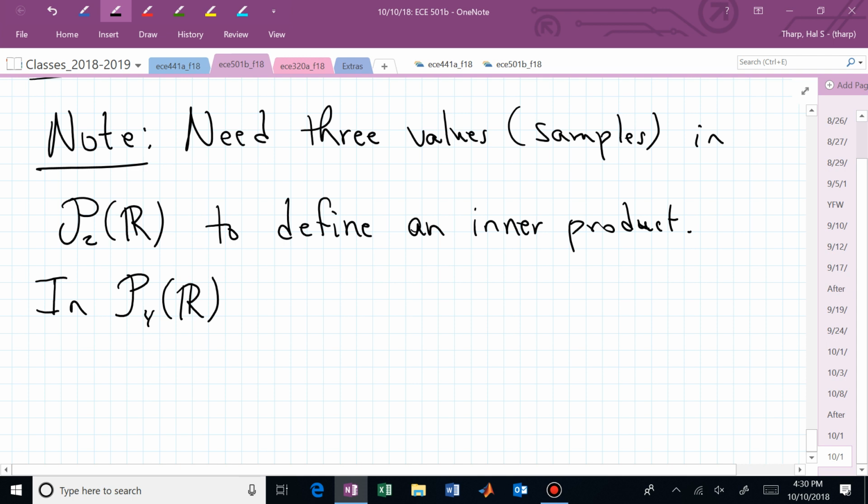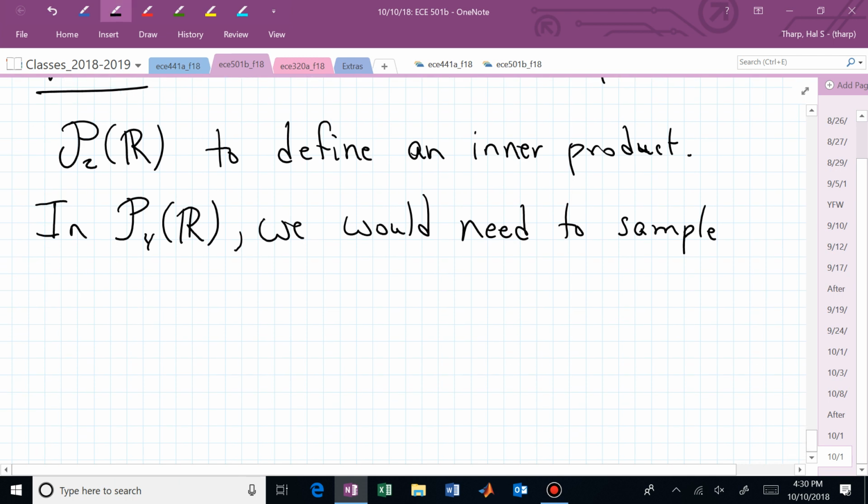If we were in P sub 4, now I'm really going to test you. We would need to sample the vector, if it was with itself, or vectors if they're 2 different, at how many points?